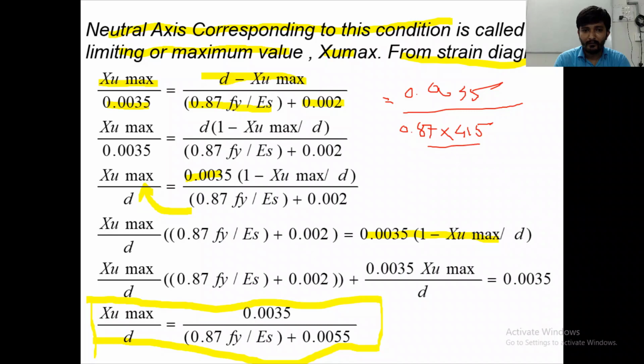So Es is equal to 2 into 10 raised to 5, plus 0.0055. So if you solve this, let me just solve this in the calculator.